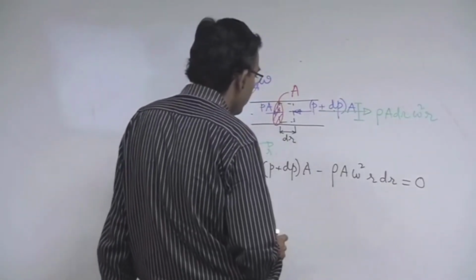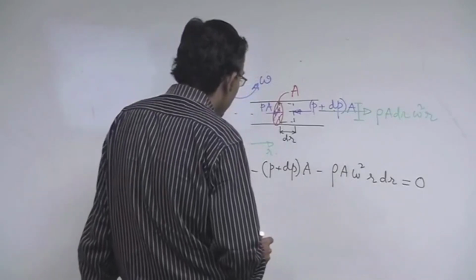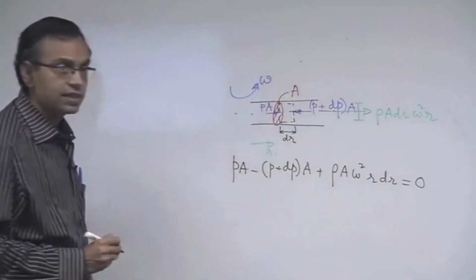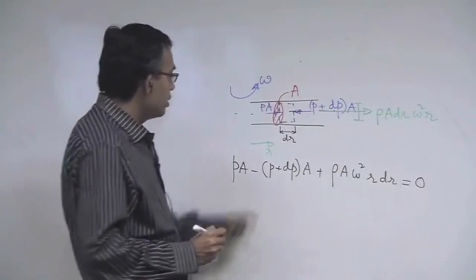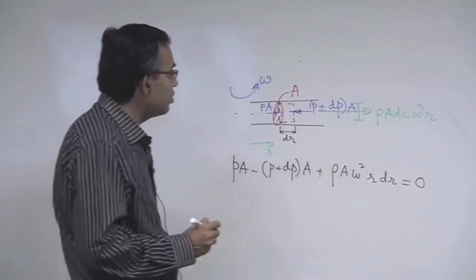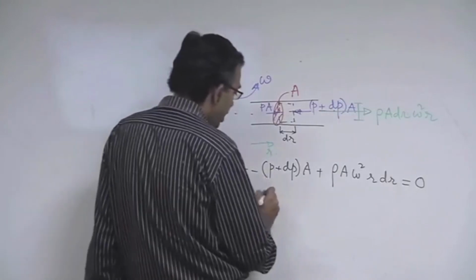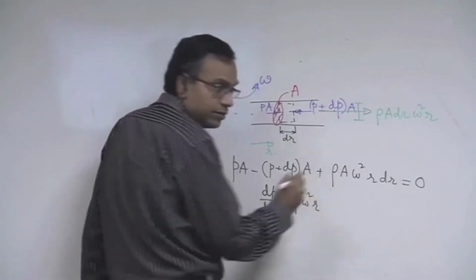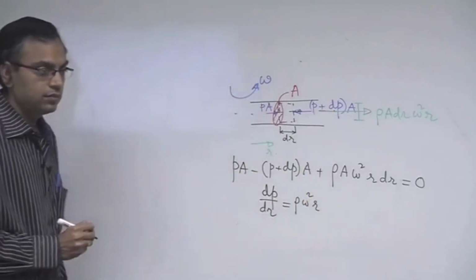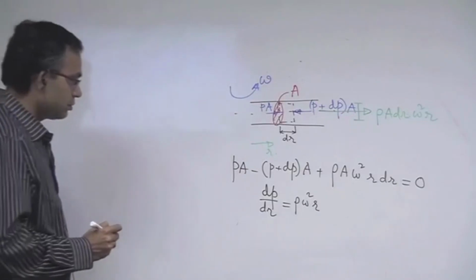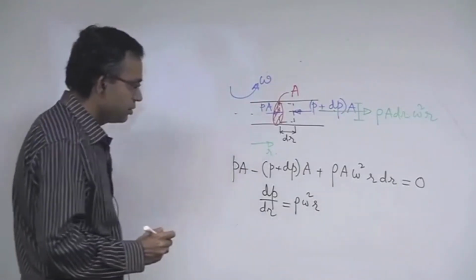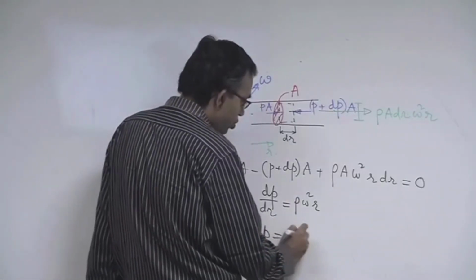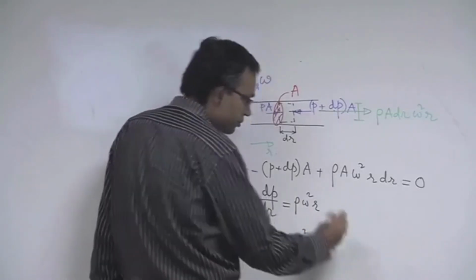So that means you have dP/dr is equal to rho omega square r. So dP is equal to rho omega square r dr.